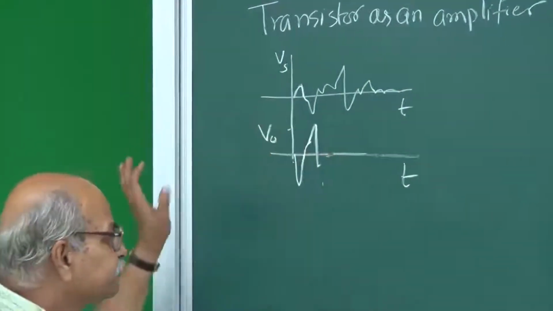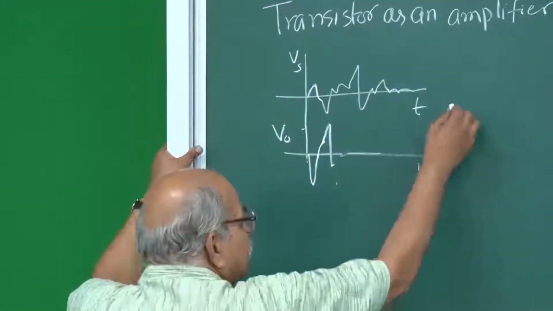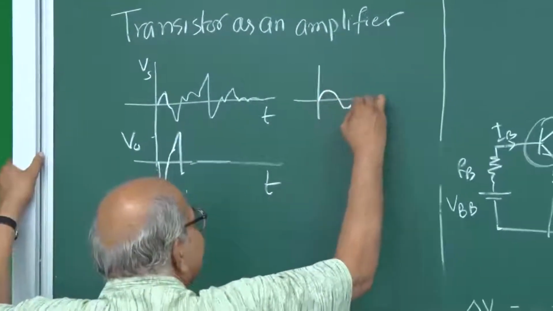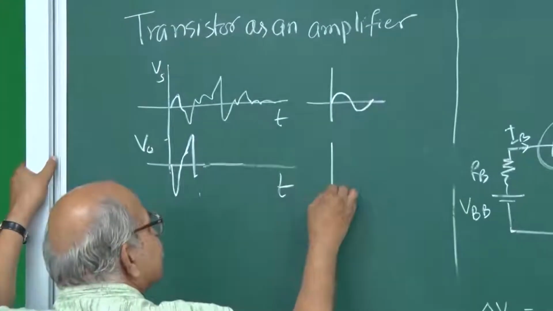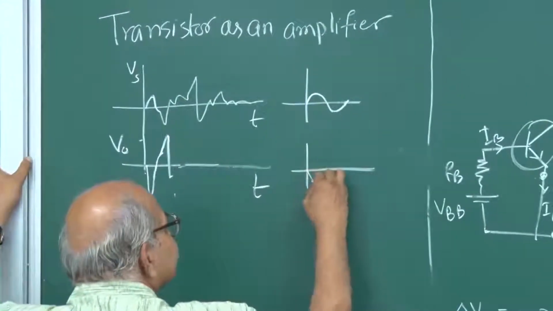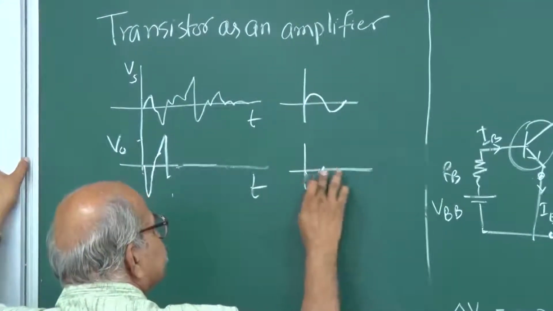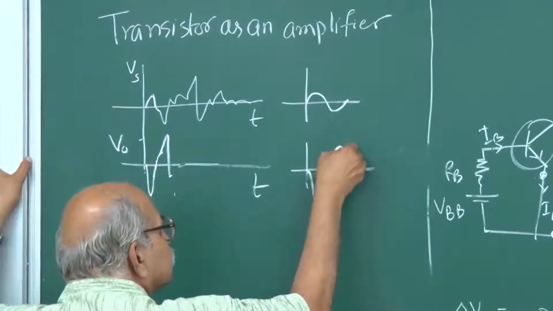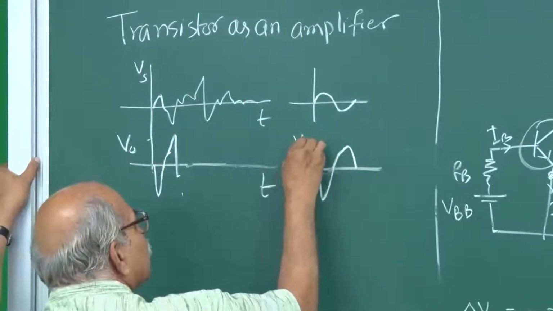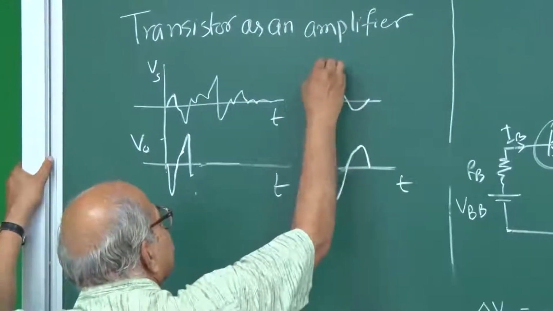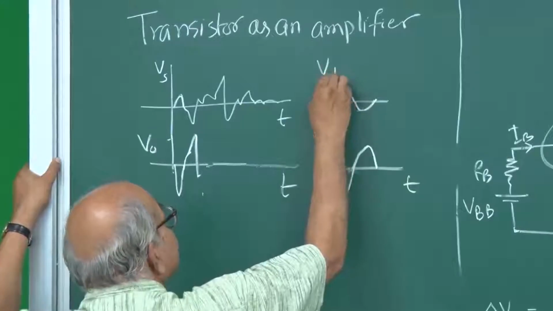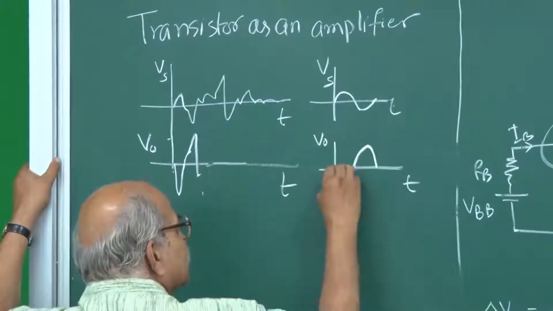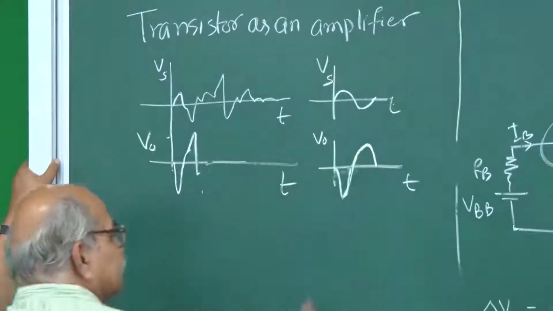So if I draw a simpler figure, if my signal is like this, then the output will be like this. This will be the output and this will be Vs, right. Of course, not a very good drawing, but you understand what I am trying to say.